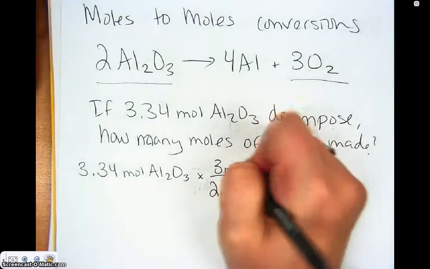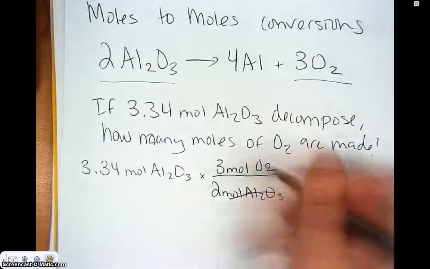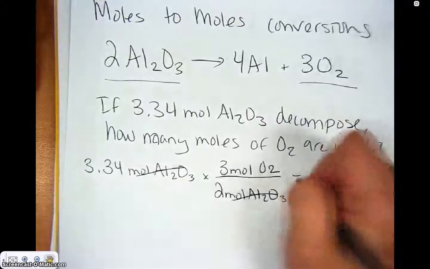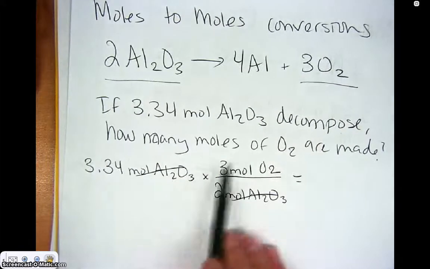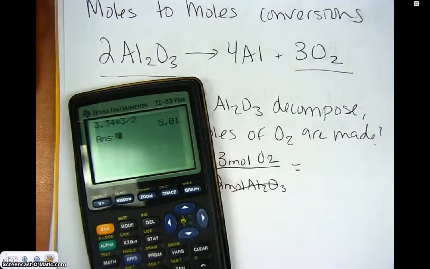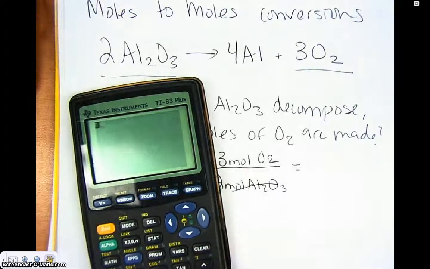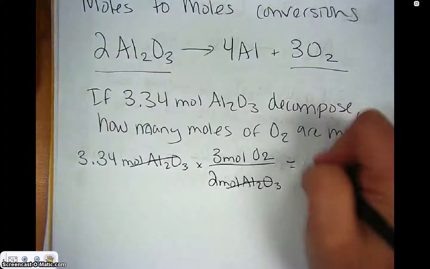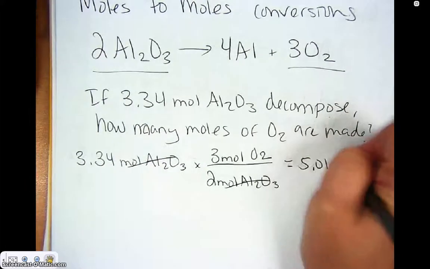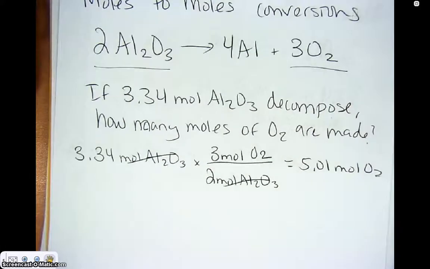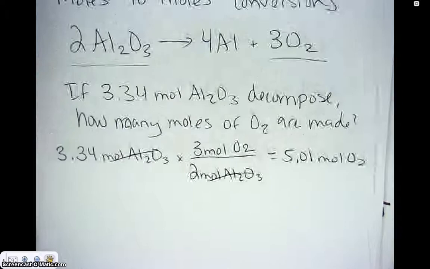So I put the 3 moles of oxygen on top, and that cancels, and so we just take 3.34 times 3 divided by 2, and that gives me 5.01 moles of oxygen. 5.01 moles of O2.